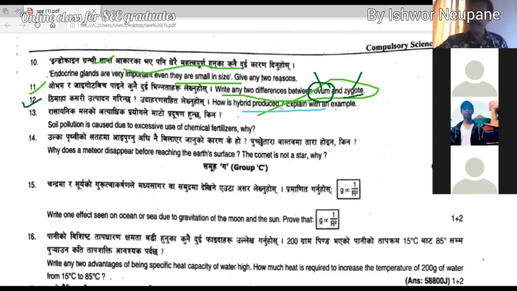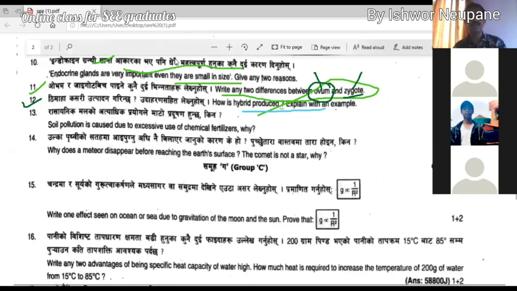When a pure black mouse is crossed with a pure white mouse, a hybrid black mouse is formed. You have to give the example. What is the example?